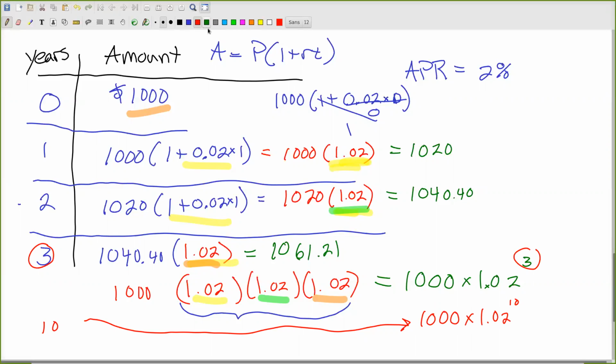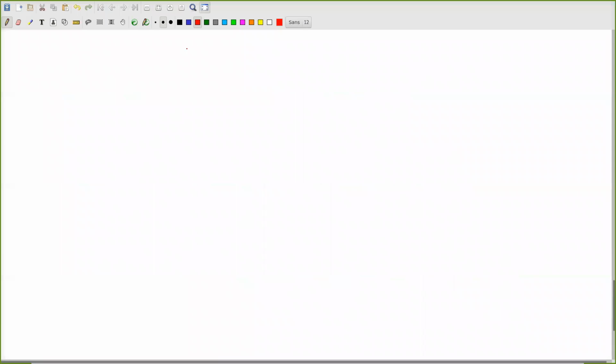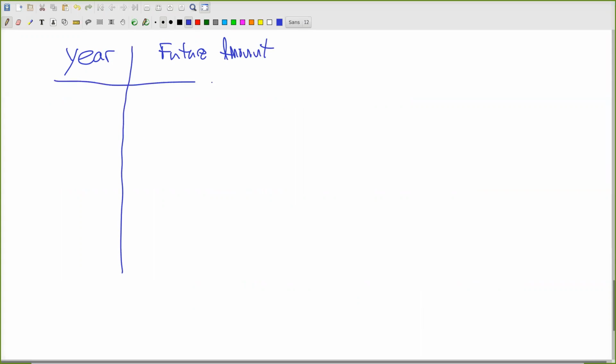So if I rewrite some of these other ones, I'm going to put this on a new page. So another way to think about this, if I look at year versus the future amount, then in year 0, I started off with my 1,000. In year 1, I have whatever the result of 1,000 times 1.02 is.